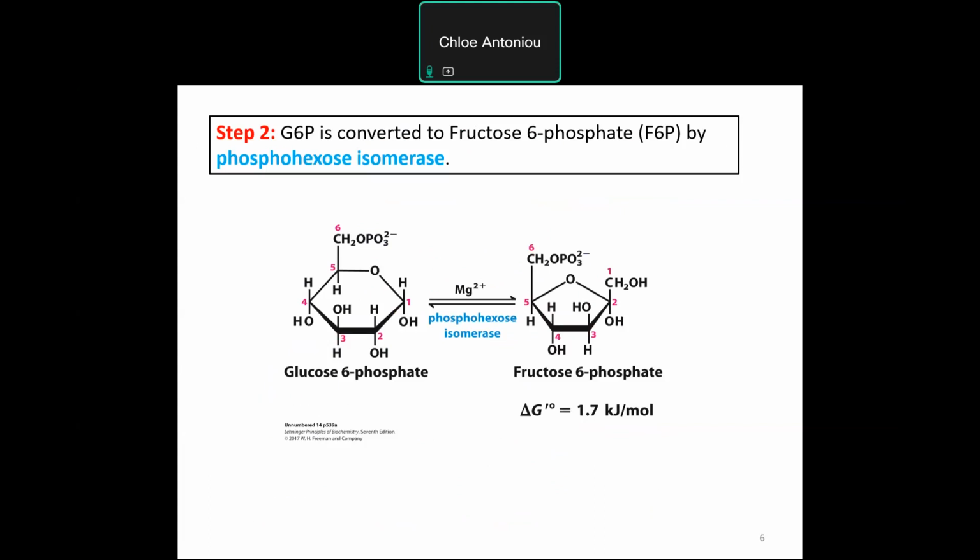It's a very difficult reaction to take place. You actually have to break the glucose ring and reform it in a way to get fructose 6-phosphate. But you see it's an equilibrium sign here now, which means this enzyme, phosphohexose isomerase, can catalyze this reaction both ways. You do not need to memorize this enzyme.